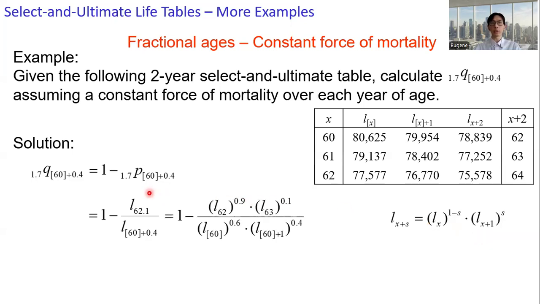Therefore, L62.1, which is between the ages 62 and 63, with S equals 0.1. We get this expression, and then the denominator, the age is between 60 and 61. 2-year select period. At age 62 and beyond, the ultimate part. So we have L62, L63 without the square bracket, and the age 60 and 60 plus 1 here, we have the select age still within the select period.